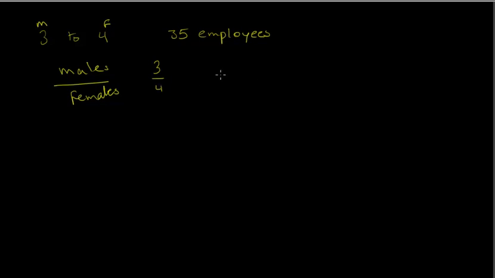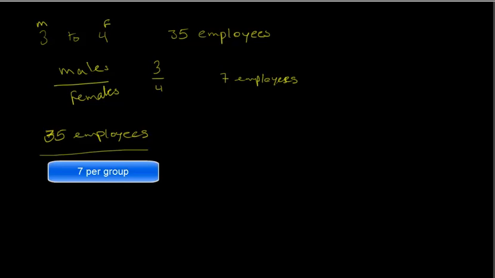So it means for every 7 employees, we have 3 males and 4 females, right? Now, the question is, how many groups of 7 employees do we have in the office? We have 35 employees. The largest divisor for this is 5.